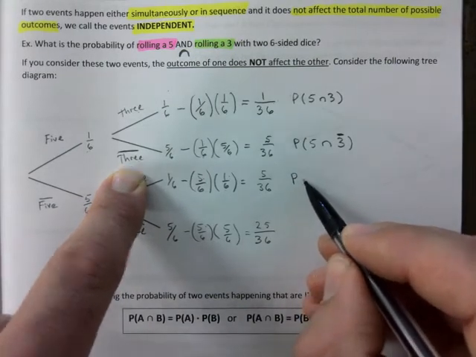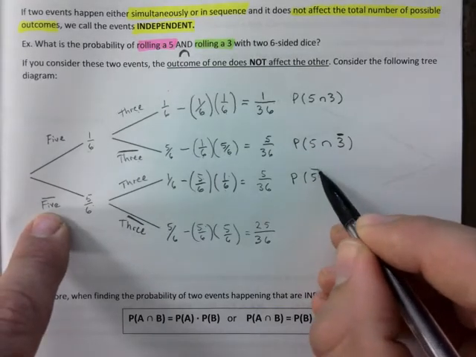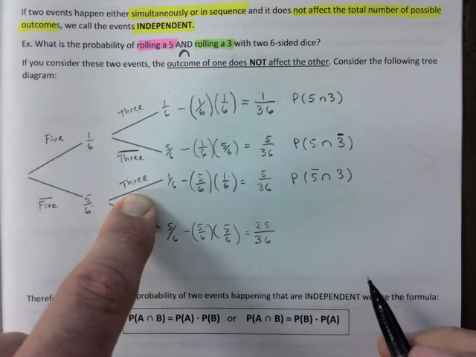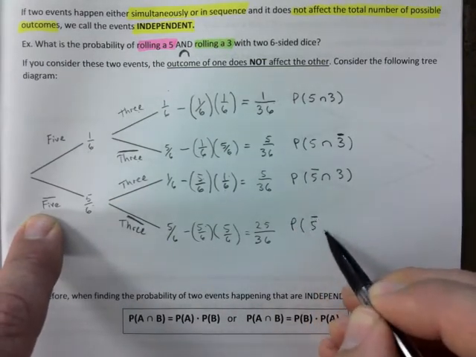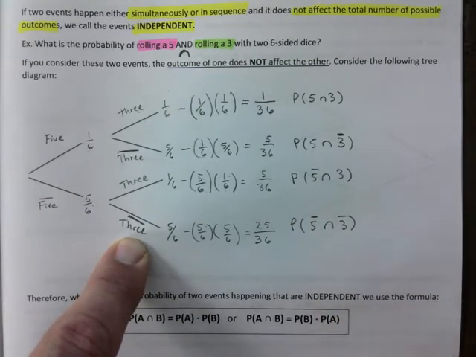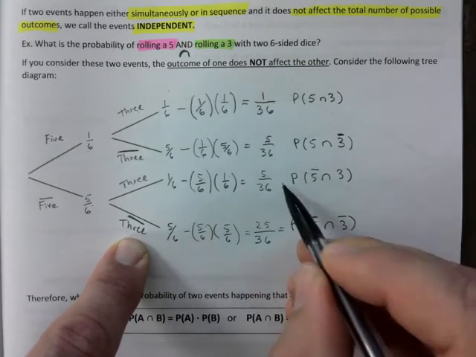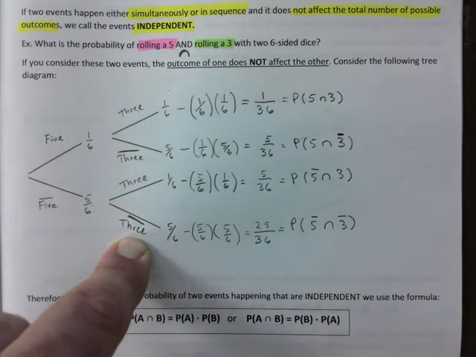This would be the probability, I'm just going down the branches, of not rolling a 5 and rolling a 3. And this last one is the probability of not rolling a 5 and not rolling a 3. Okay, so that's what you're calculating. We can go equals like this. It's okay to do that here.